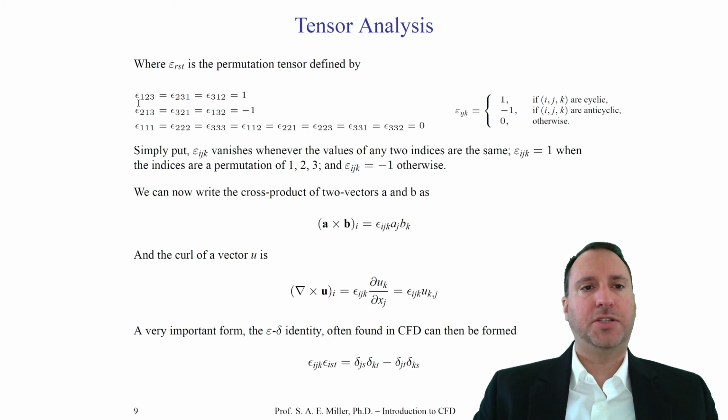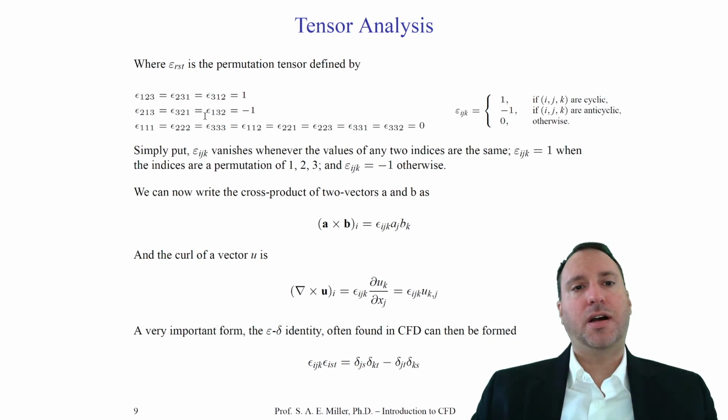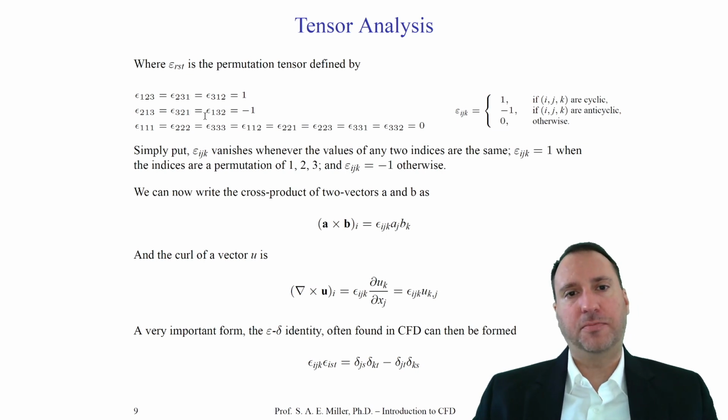For the permutation tensor, 1, 2, 3, 2, 3, 1, and 3, 1, 2 are cyclic, meaning that these subscripts are appearing in numerical order of increasing value. Anticyclic means that these values are appearing in decreasing order. For example, 1, 3, 2: of course 1 and 3 are of increasing value, but 3, 2 goes down in value, so it would be a -1 value.